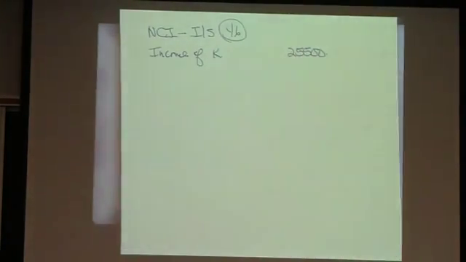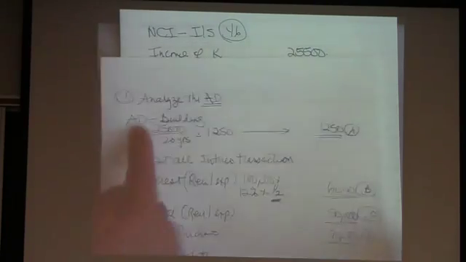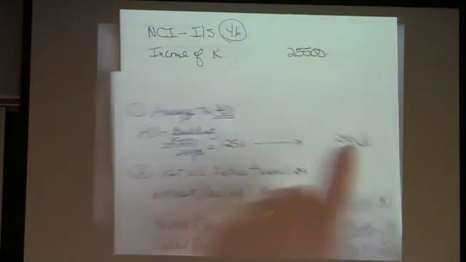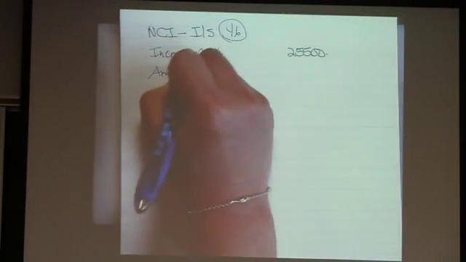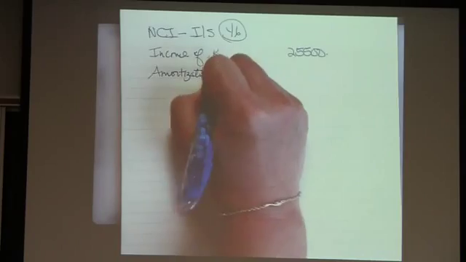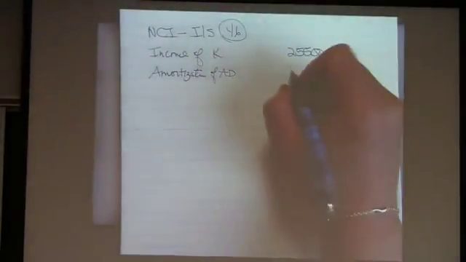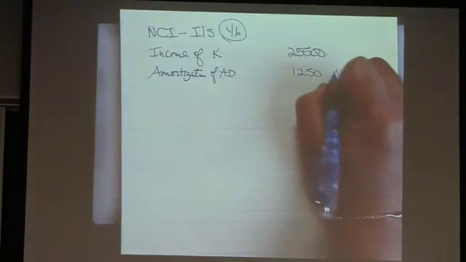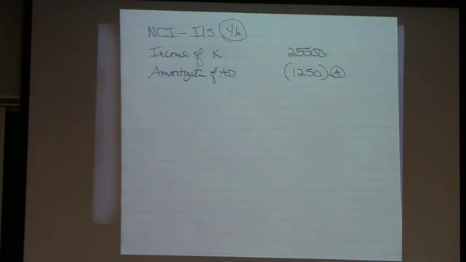It was $25,500. First of all, I need to incorporate the acquisition differential, the 1250. So I'm going to amortize the AD. I'm going to label that 1250 A. I'm going to subtract it because I'm amortizing the AD.